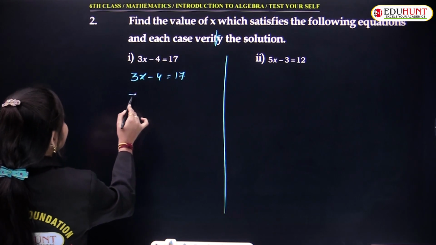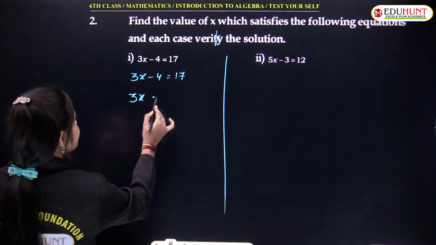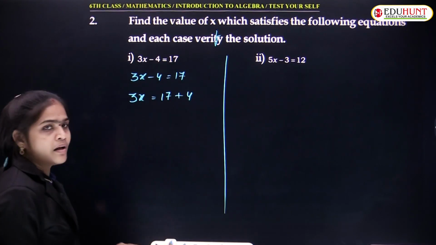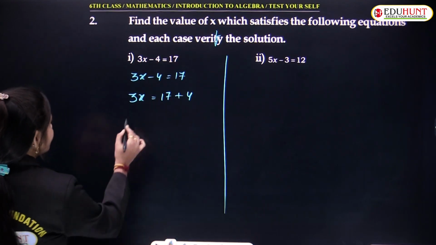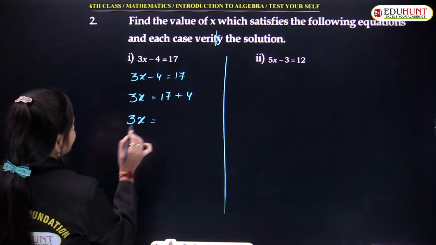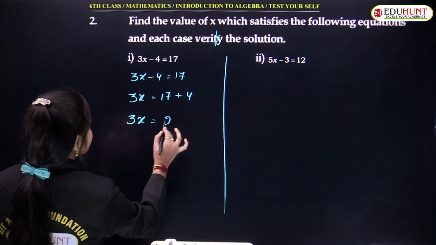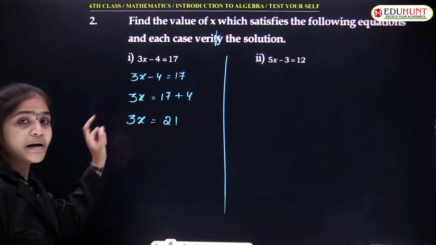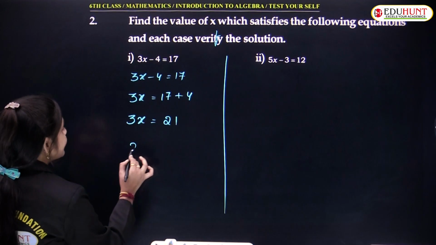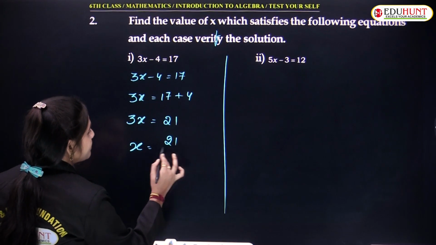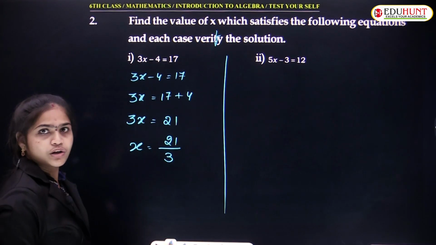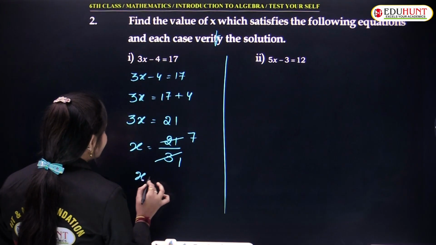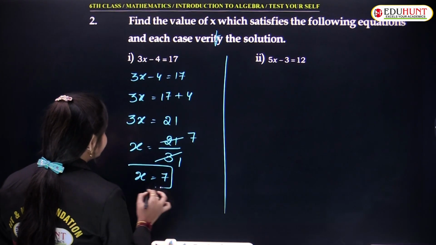Here in 3x minus 4 a constant is there, so minus 4 becomes plus 4. Now 3x is equal to 17 plus 4, which is 21. Now 3 and x are in multiplication, so x is equal to 21 by 3, since multiplication becomes division. 3 ones are 3, 3 sevens are 21. Finally, x is equal to 7.